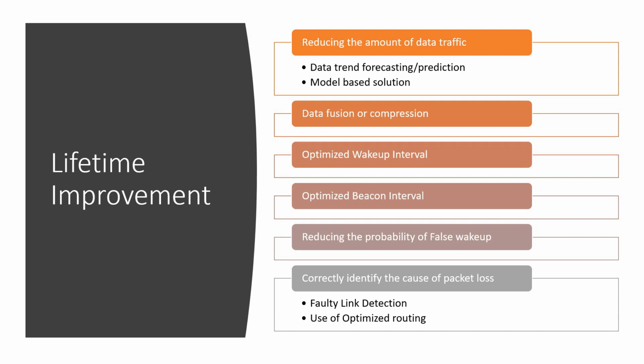So it is very important to detect a faulty link before sending data. If you can detect that, then even if there's a faulty link, you will not waste your energy sending data there. Also, the use of optimized routing can reduce the amount of packet loss or data loss.